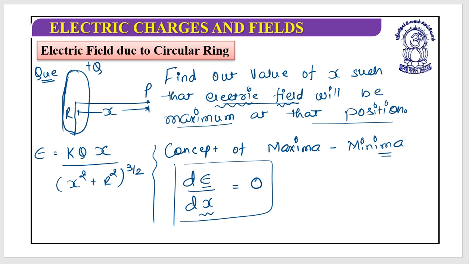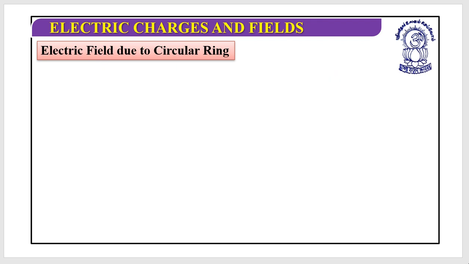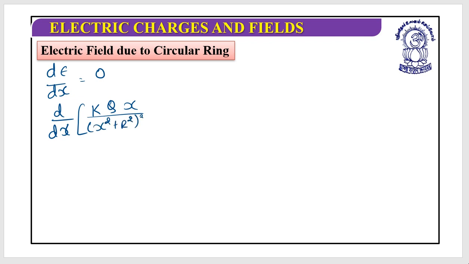Yes, will you be able to solve this? Let's look. Please try to solve in your book as well, and look at this video as well. So this is dE by dx, that should be equal to 0. So what I need is dE by dx. This is kqx divided by x square plus r square to the power 3 by 2, and that should be equal to 0.